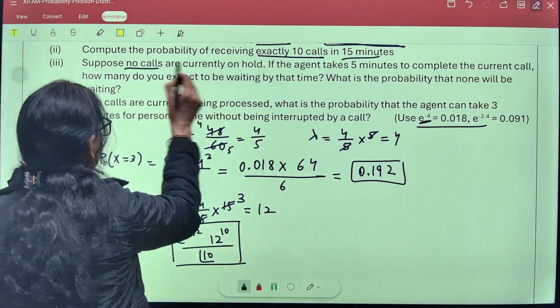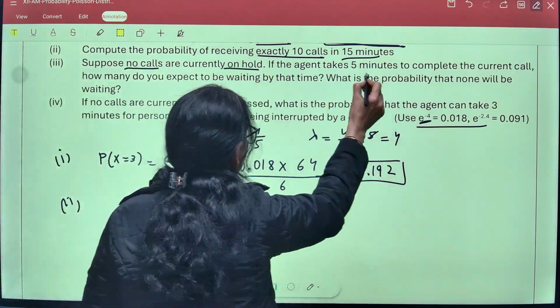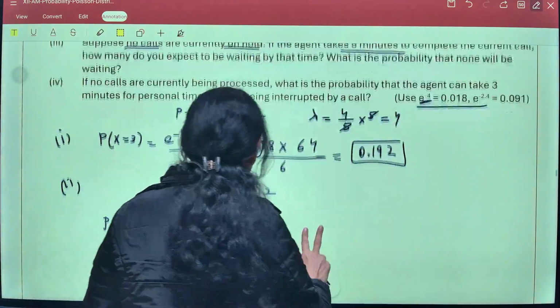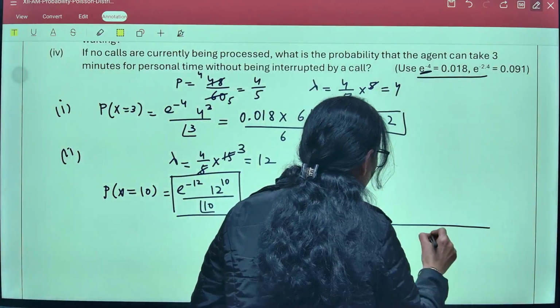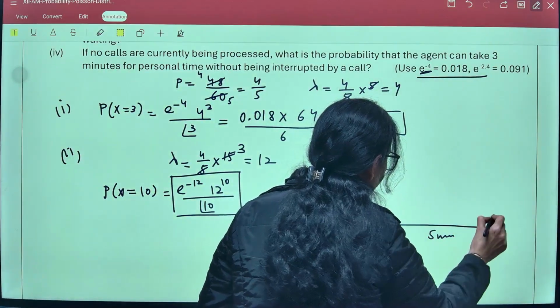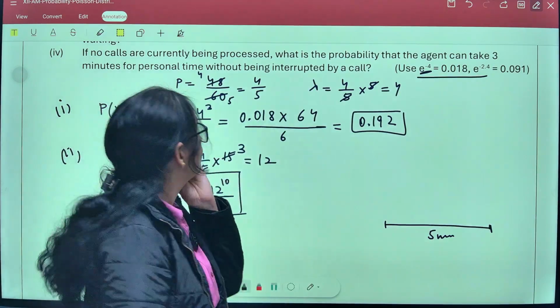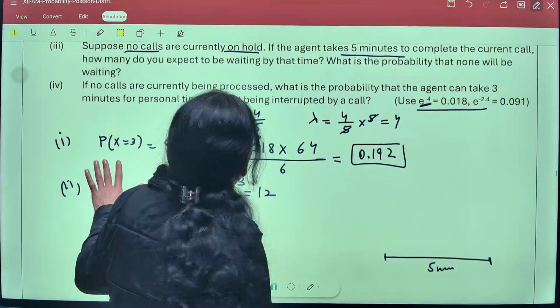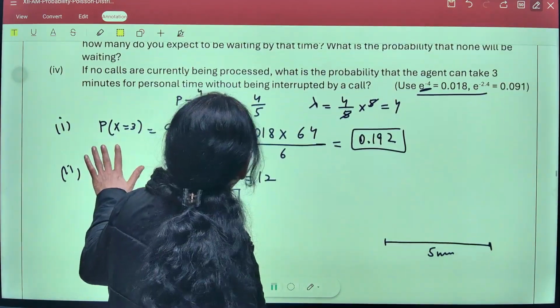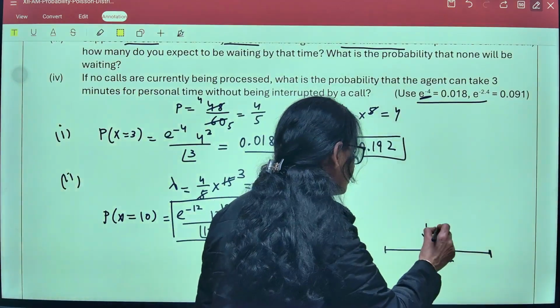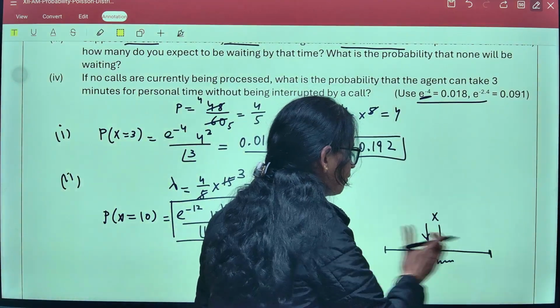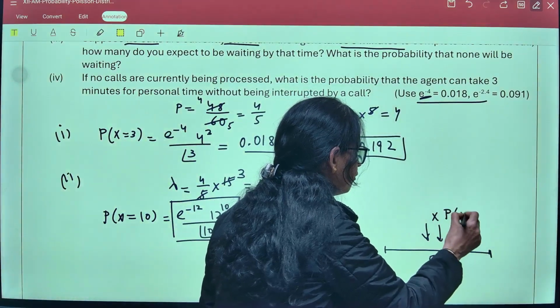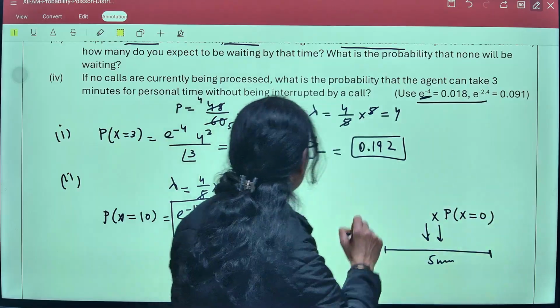In a duration of 5 minutes, no calls are on hold. So you need to find that there are no incoming calls in this 5 minutes duration. That means probability of x being equal to 0 in this duration.